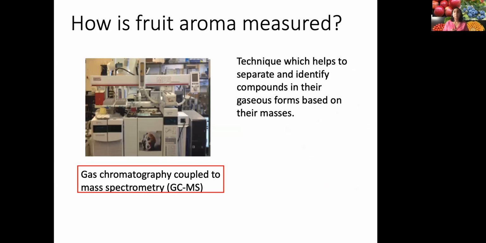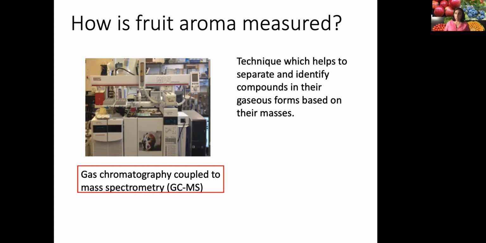This is a really challenging measurement to do. We use a technique which, as we have so many volatiles that are being produced from one fruit, we need to separate them all and be able to quantify them. So there's this technique which helps to separate them and identify the compounds in their gaseous forms based on their masses.